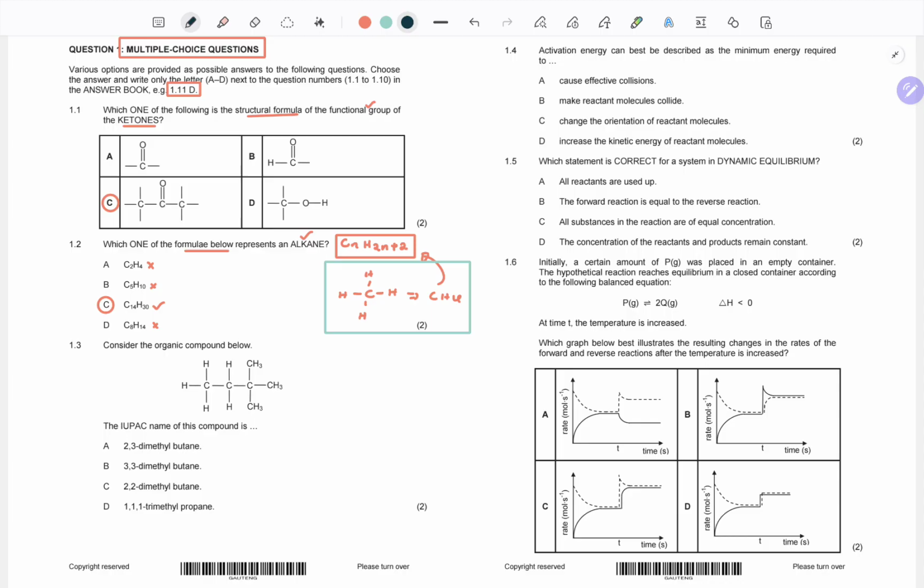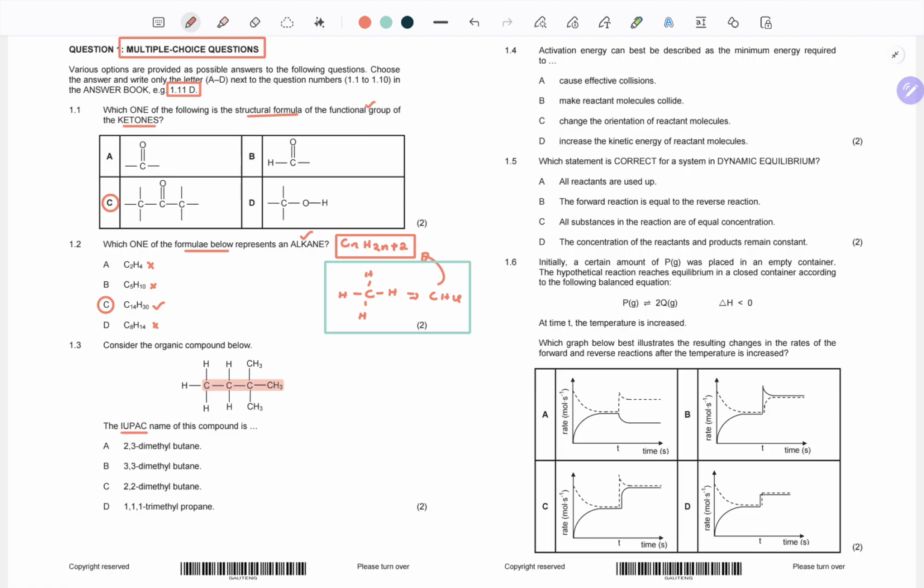Okay, the next question says, consider the organic compound below. All right, so if C 1, 2, 3, 4, 1, 2, 3, 4, 1, 2, 3, 4, always consider the bands. So if each one of them is 4, then it's safe to take the straight chain right there. Right, and if we are to name it, so we want the longest chain, so it's the 4.